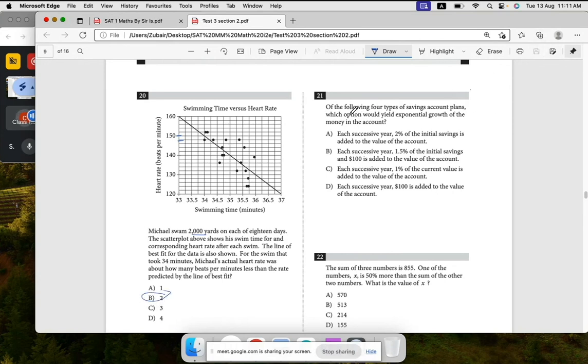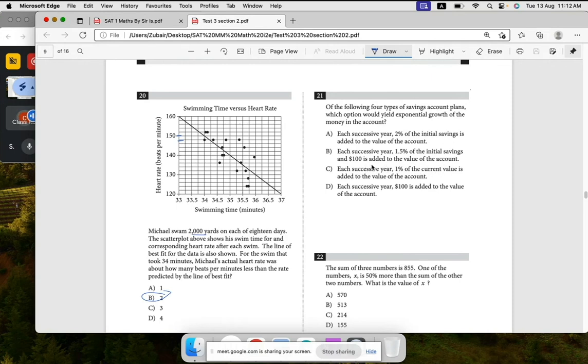Of the following four types of saving account plans, which plan would yield exponential growth of the money in the account? Each successive year, 2% of the initial saving is added to the value of the account. Each successive year, 1.5% of the initial saving and $100 is added to the account.